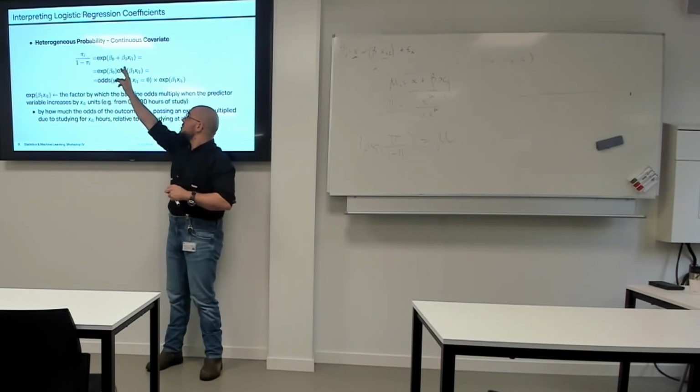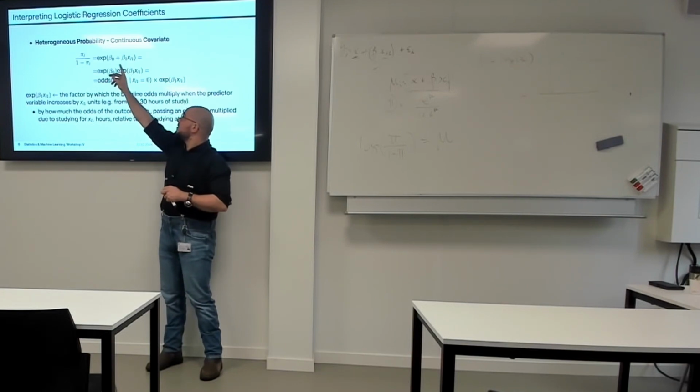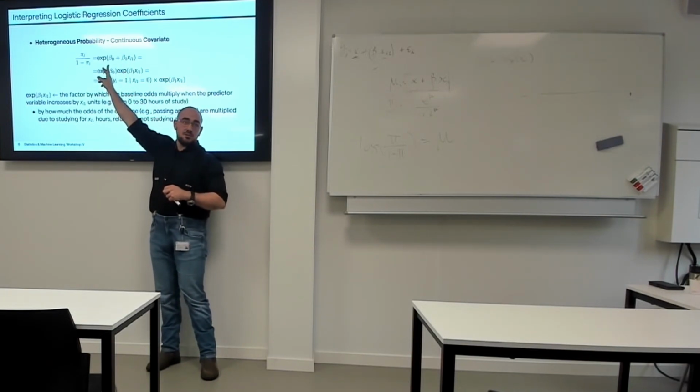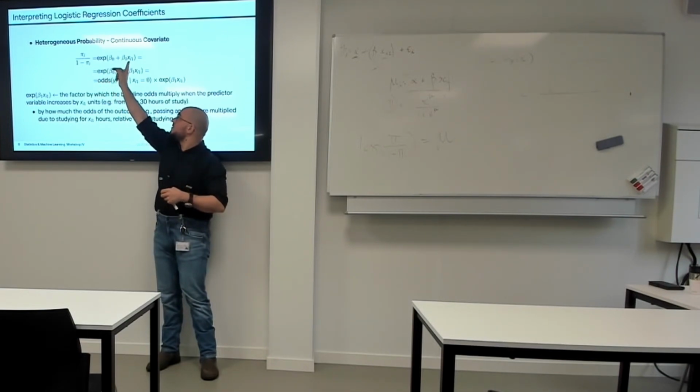So if I set x to 0, what is beta 0? The intercept. Yes, but when I set x to 0 and this term disappears, what do I recover? The odds.